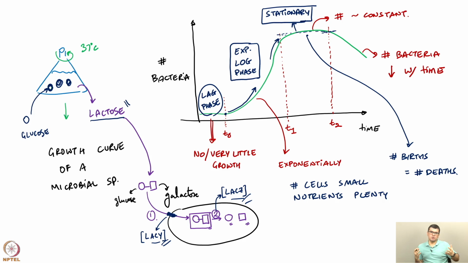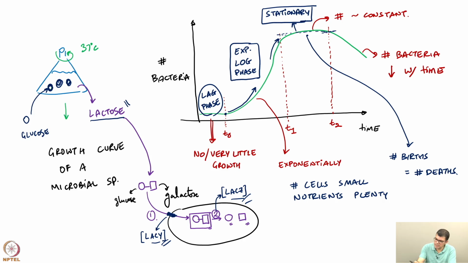When they die, they lyse open, the constituents of these bacteria are released into the extracellular media, and these constituents provide some resource to facilitate a minuscule amount of growth. So, in this phase of growth, the births that are facilitated by death and lysing of cells which are no longer alive, these two processes are balanced with each other, leading to the overall number of bacteria in the flask staying constant, and this is referred to as stationary phase of growth.